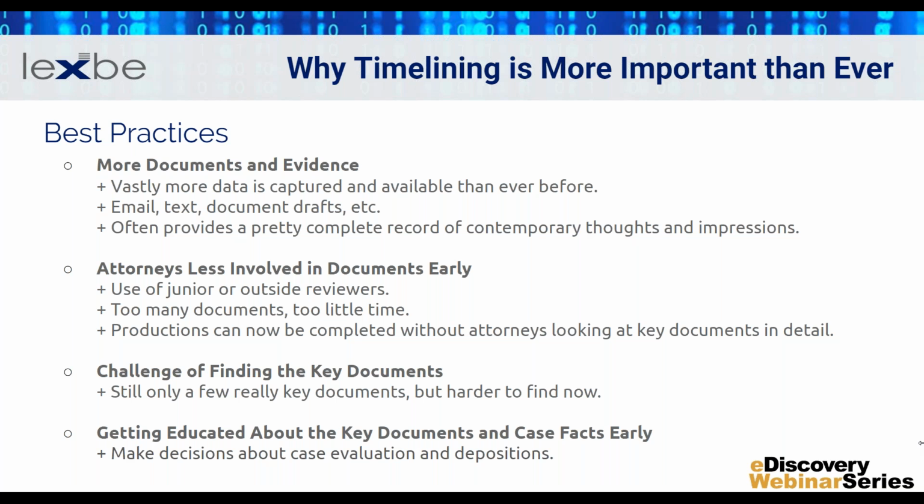Well, how do you do that when you're dealing with electronic data? You do that with the creation of a timeline. You start to build this timeline based on the data that you begin reviewing in that initial review. You start linking them to acts and facts in the story. And that electronic data is now giving us access to a recording of contemporary thoughts that we didn't have access to before.